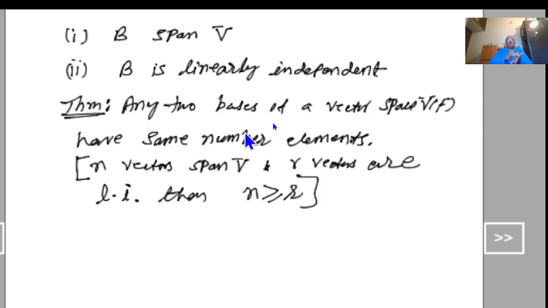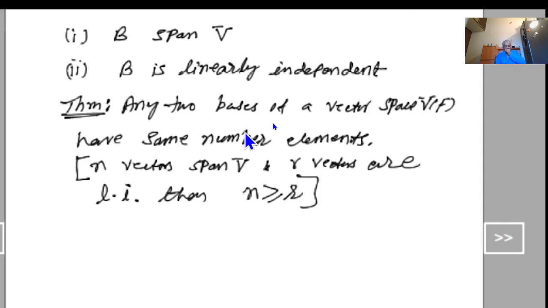So for that, we consider two bases, B1 and B2. Say B1 consists of m elements and B2 consists of n elements. Then we try to prove that m is equal to n.